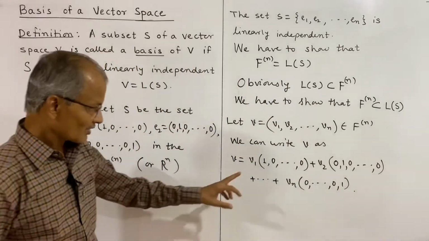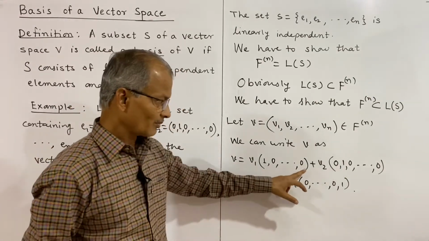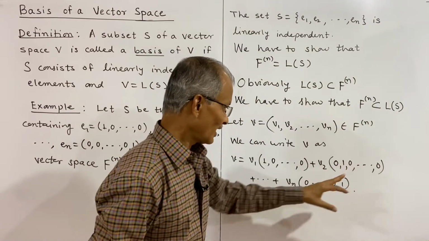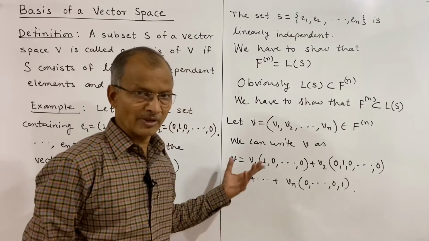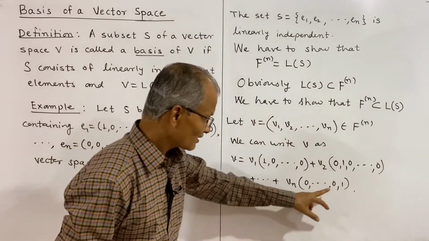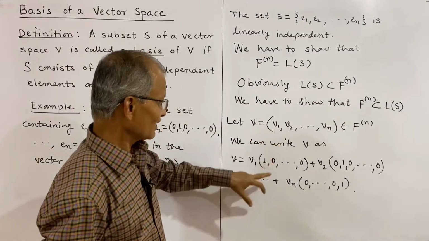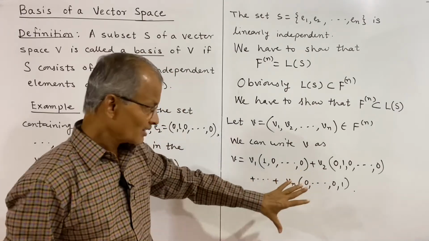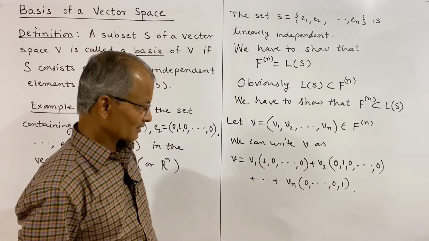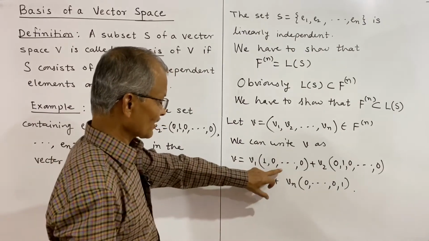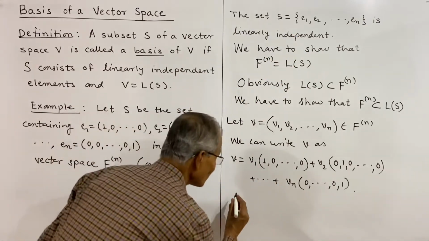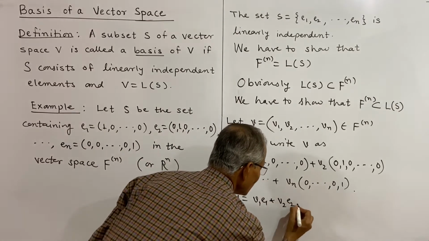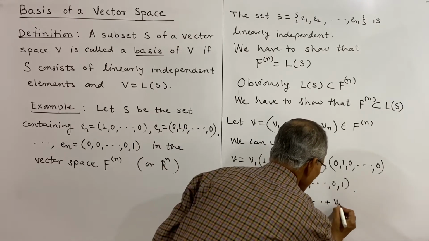See, this is obvious because the first component will be V1, all other remaining components will be 0, then the second component is V2, the third component will be V3, the remaining will be 0, and the last component is Vn. So we get exactly V1, V2 and so on up to Vn. We have earlier also expressed this type of vectors. But what is this vector? That is E1. So thus V is equal to V1 E1 plus V2 E2 and so on plus Vn En.